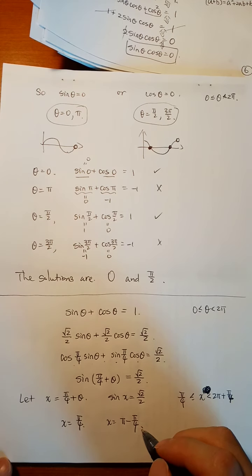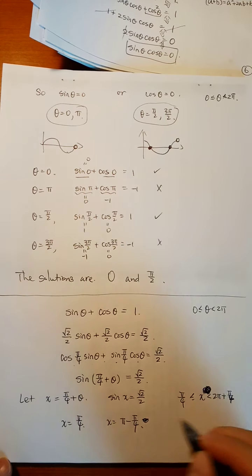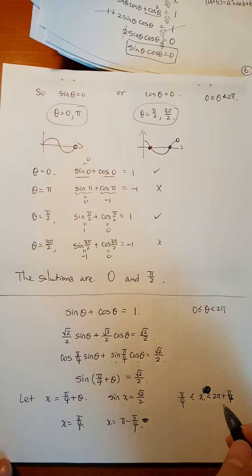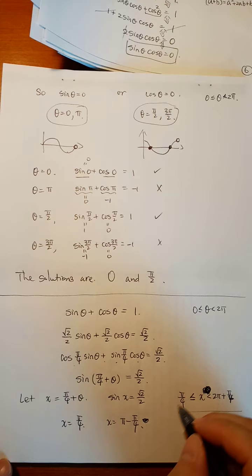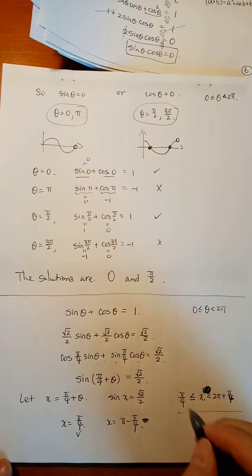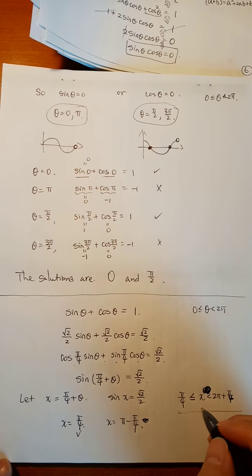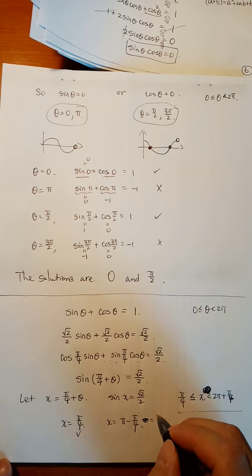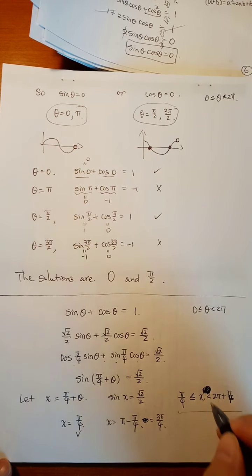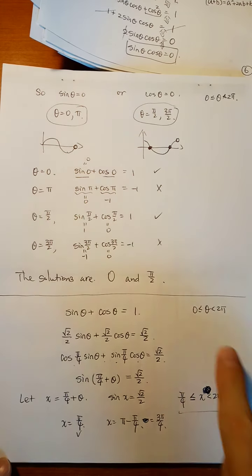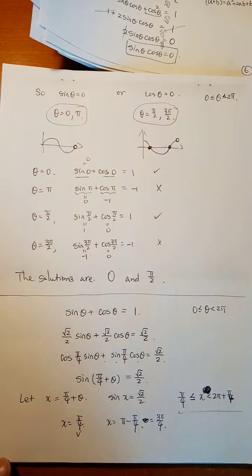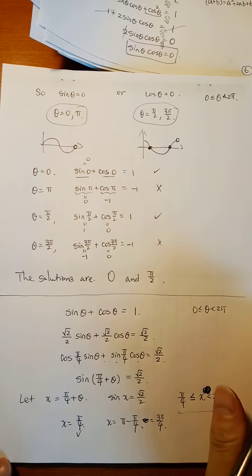They are both inside this range. It includes pi over 4, so this is the correct one. This one is also inside the range. It's 3 pi over 4. This is just one period, two solutions. That's enough. There are no more solutions.